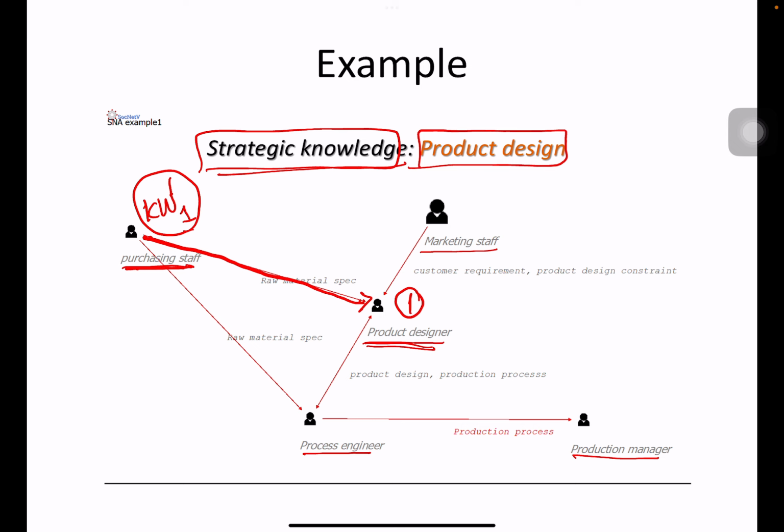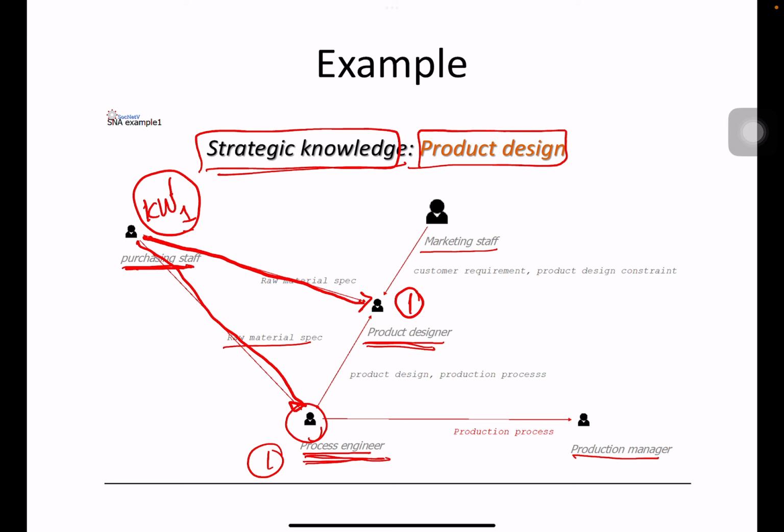The purchasing staff said the process engineer also, because I send the raw material spec to the process engineer, so I think they know about product design. So you may then ask the process engineer: who else do you think knows about product design?